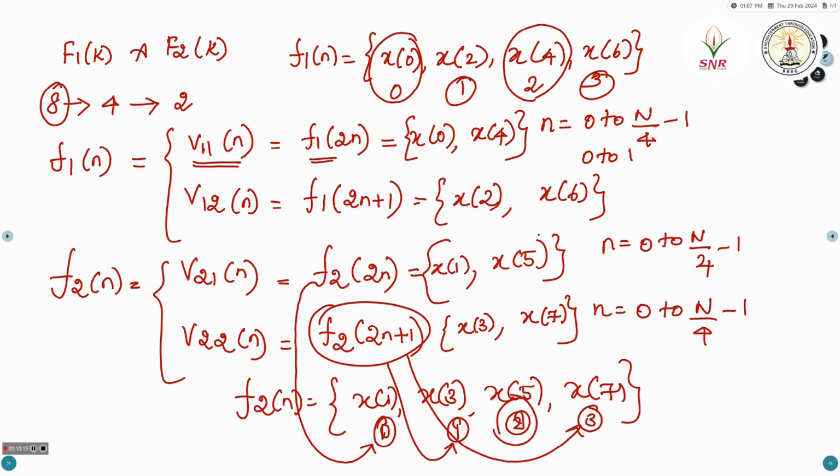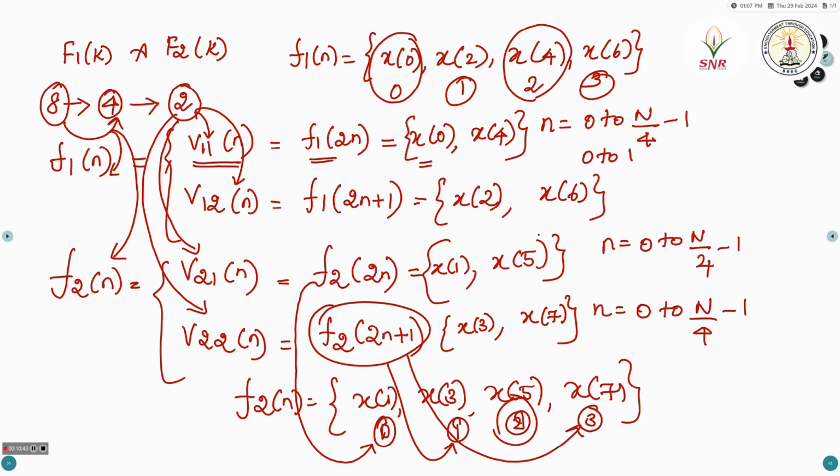So now as discussed, one 8-point DFT is decimated into 4-point DFTs, which are represented as f1 of n and f2 of n. Again these 4 points are divided into 2-point DFTs, which are represented as v11 of n and v12 of n, and again v21 of n and v22 of n.